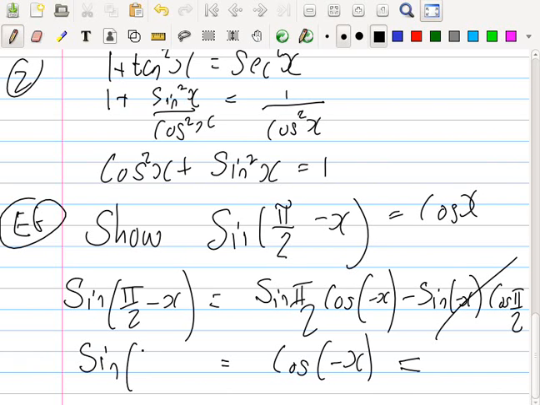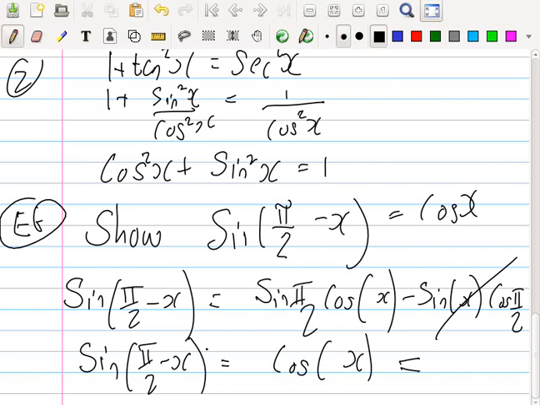We have shown sine of pi over 2 minus x equals cos minus x. What's wrong, Faisal? Why did you put the minus x inside? Yeah, why did I do that actually? Actually, what I did was also right, because if you have a minus x, you can delete it because cos is an even function.